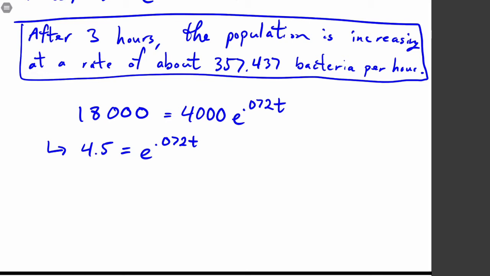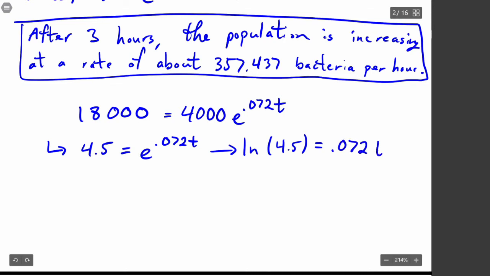Now, to start solving for t, we need to remember some of our properties of logarithms. In order to get things out of the exponent here, we have to be able to cancel this out. So let's apply ln to both sides. ln of 4.5 equals, when we apply ln to this side, the ln and the e cancel, and we're left with 0.072t. And so t is going to be ln of 4.5 divided by 0.072.